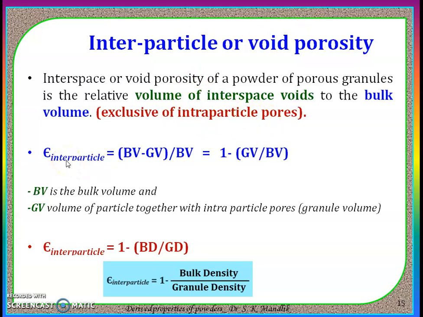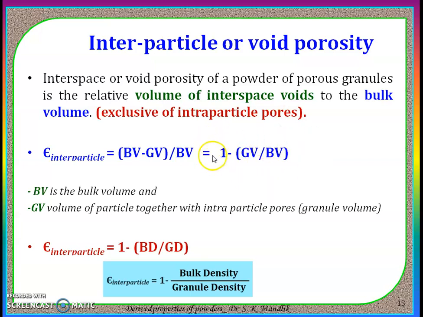Therefore, the interparticle porosity can be calculated with the help of this volume related formula. Interparticle porosity is equal to bulk volume minus granule volume divided by bulk volume, or simply 1 minus GV by BV.